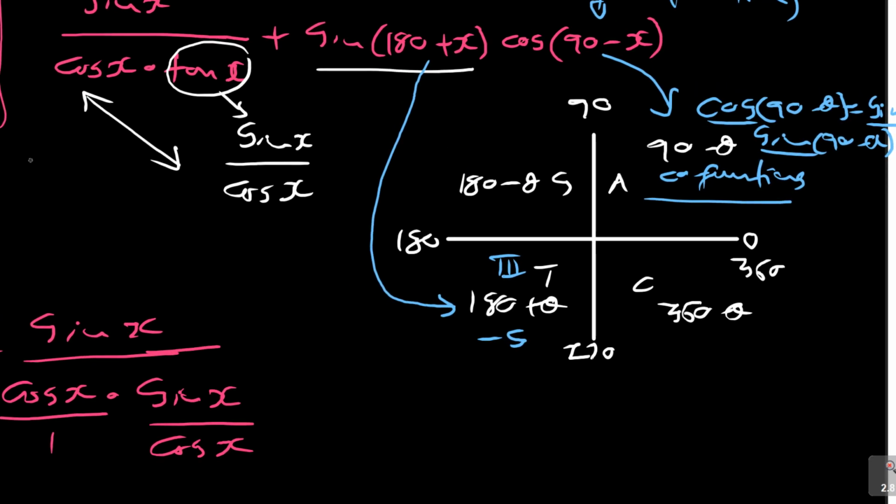Then plus what? This sine 180 plus x, we say it is negative sine x. See that? That's negative sine x times cos 90 minus x. We say cos 90 minus x is sine x. Remember, that is the cofunction.